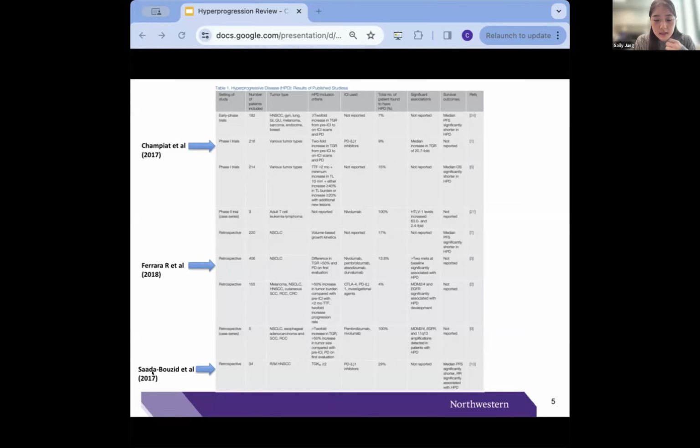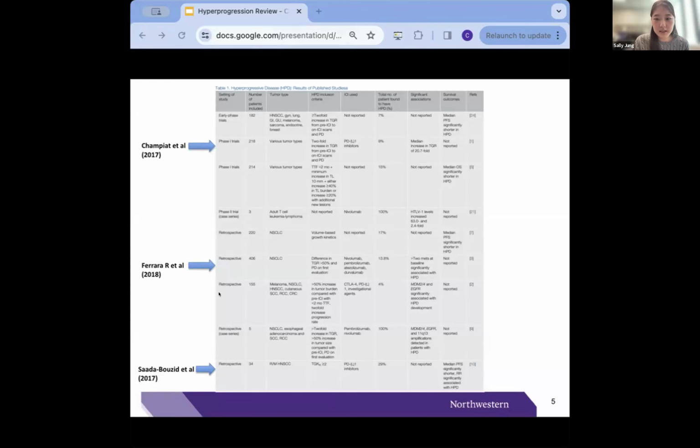And then lastly, Sada Bouzid et al. It was a study of 34 patients with recurrent or metastatic head and neck squamous cell carcinoma treated with ICI, and they used a definition of a ratio greater than or equal to 2 of the rate of tumor growth pre-ICI compared with on ICI to define hyperprogressive disease.